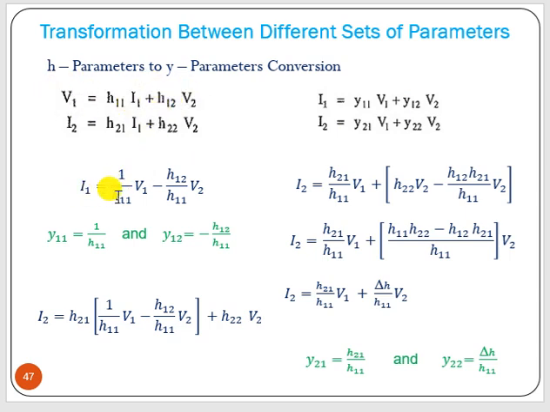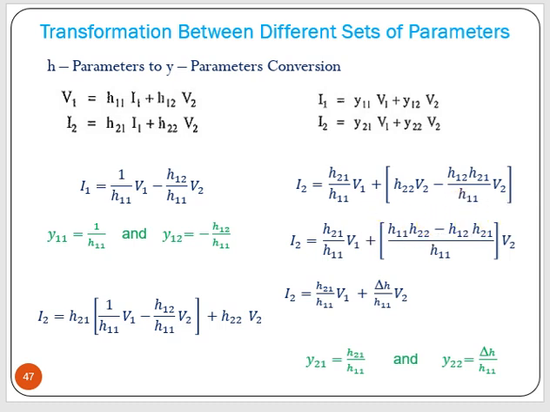I1 equals V1 by H11 minus H12 by H11 times V2. Comparing this with the particular equation, we got Y11 equal to 1 by H11 and Y12 equal to minus H12 by H11. Now in the I2 equation we can put this I1 value and write it in terms of V1 and V2. If you solve it, you will get the Y21 and Y22 values. Here also we have this delta H value, which is the determinant of the H parameter matrix.